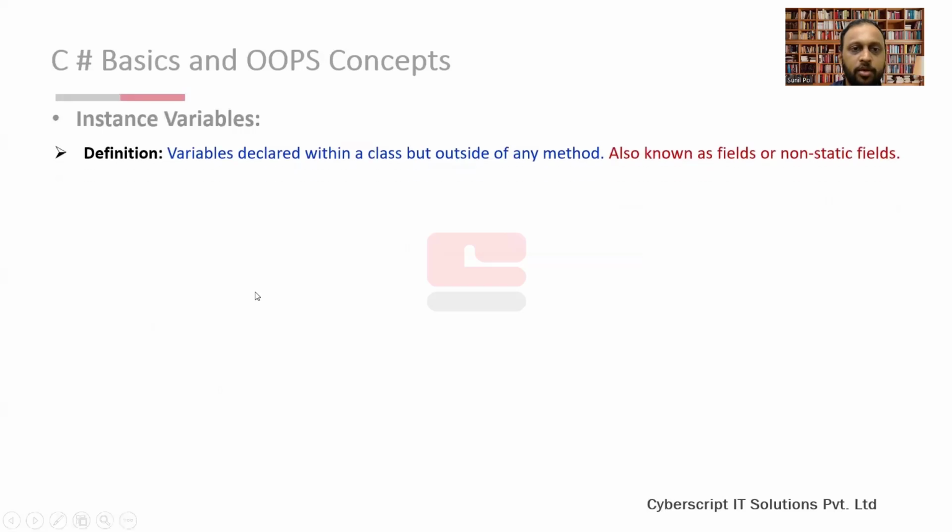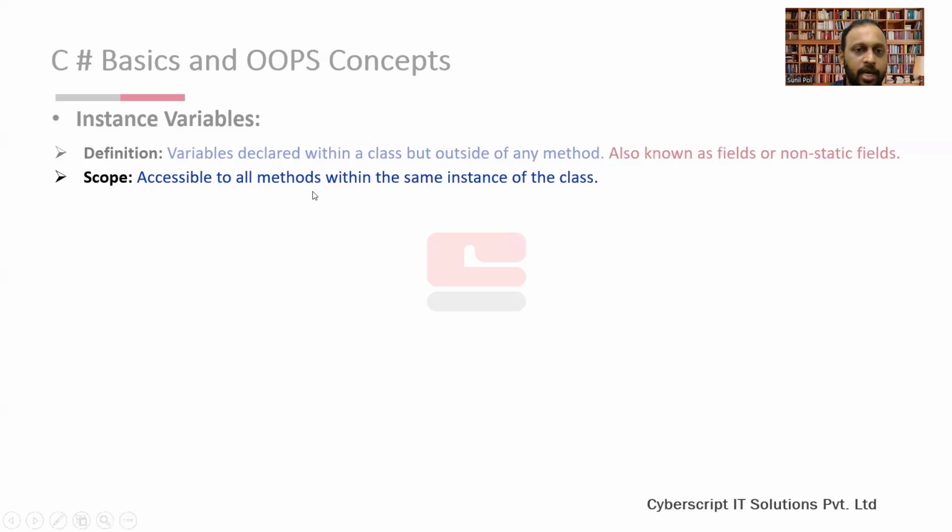Instance variables. Variables declared within a class but outside of any method, also known as fields or non-static fields. Scope: accessible to all methods within the same instance of a class. Suppose in one class there are different methods, and if we declare any instance variables in that class, those variables would be available in each and every function declared in the same class.